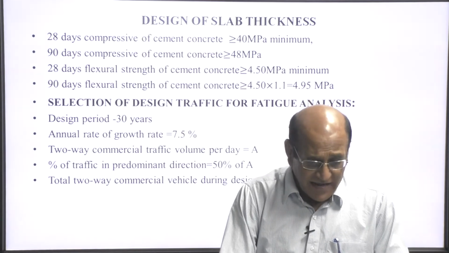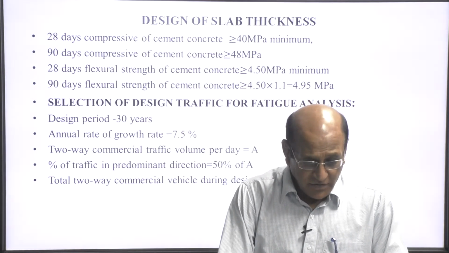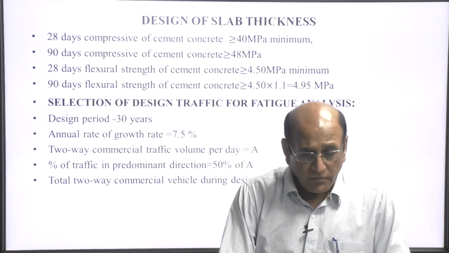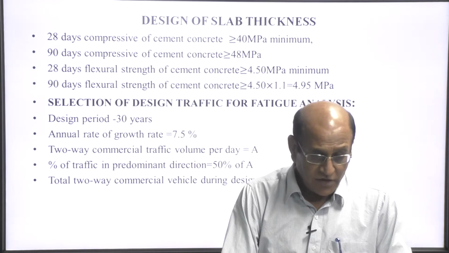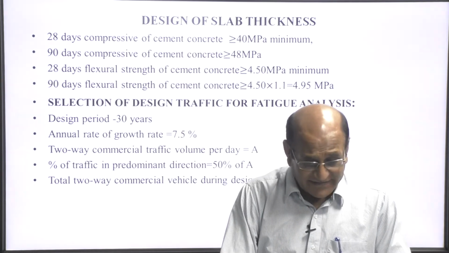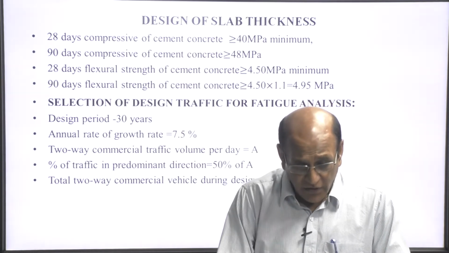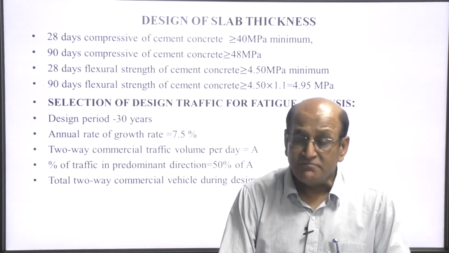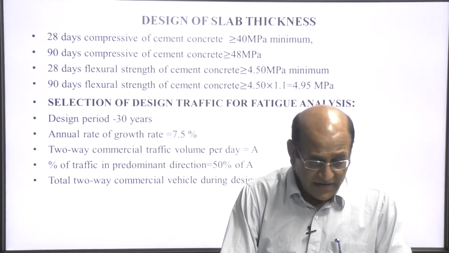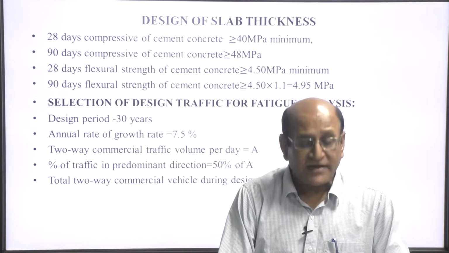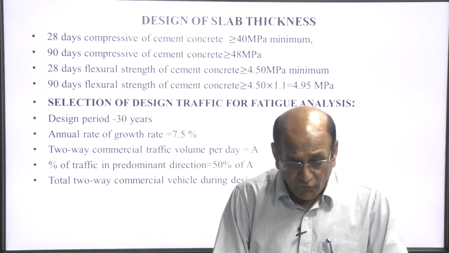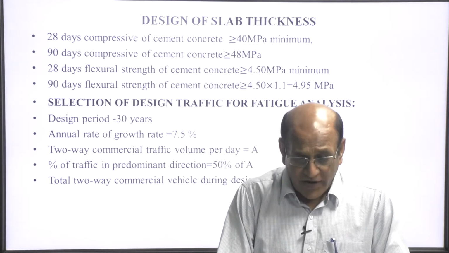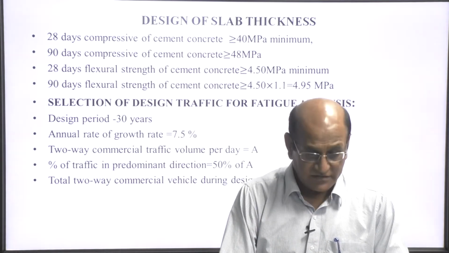The 90 days compressive strength should be more than or equal to 48 megapascal. The 28 days flexural strength should be more than 4.5 megapascal minimum, and the 90 days flexural strength should be more than 4.5 into 1.1, that is 4.95 megapascal.